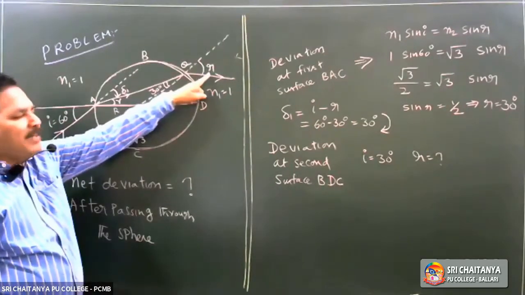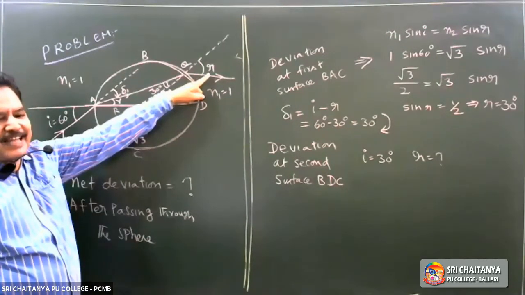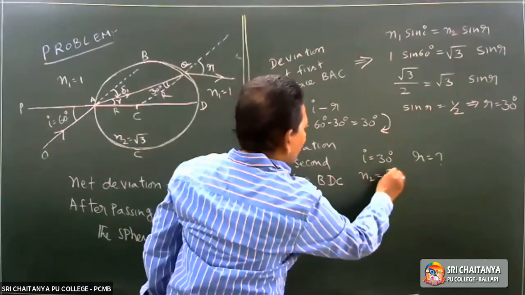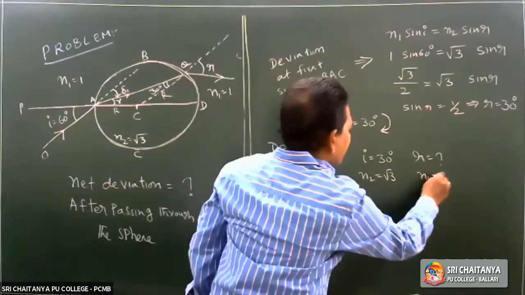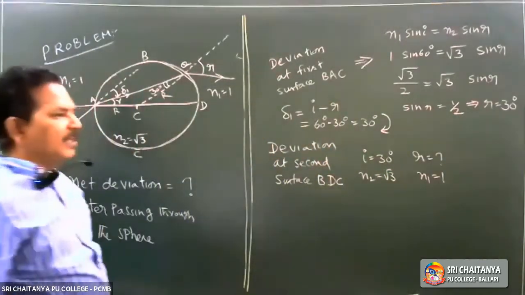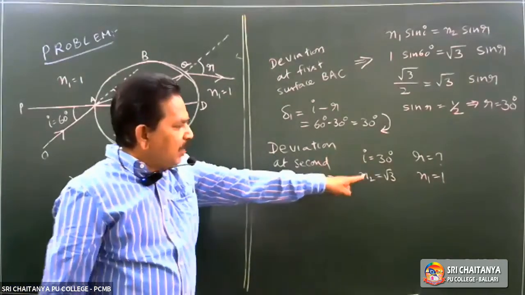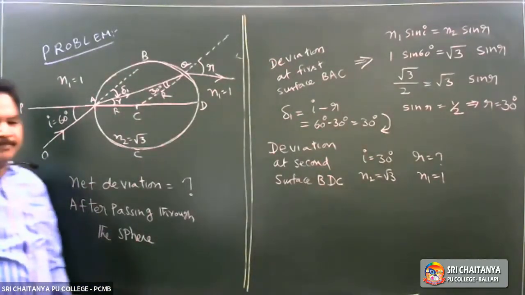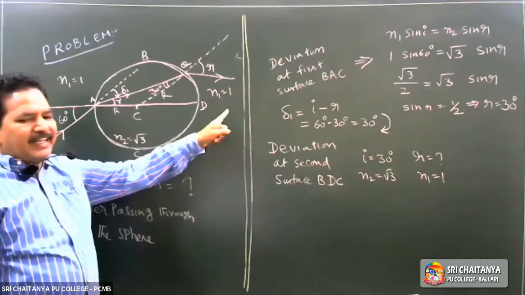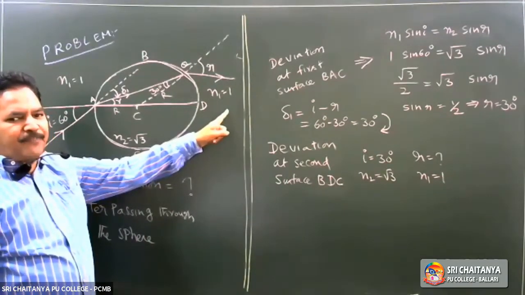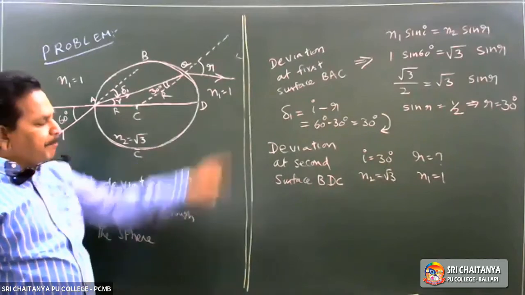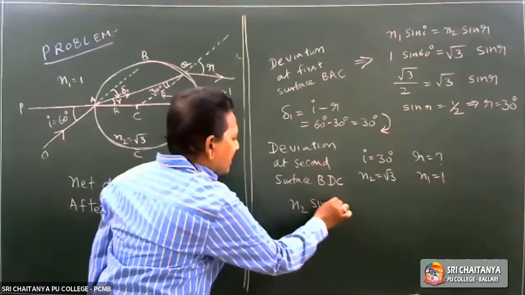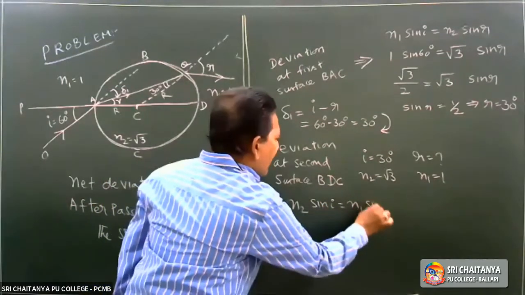Angle in that medium, R. Once again, Snell's law. N2 is equal to root 3. N1 is equal to 1. I is in N2, R is in N1. Light ray traveling from denser medium to rarer medium bends away from the normal. Apply Snell's law: N2 sin I is equal to N1 sin R.